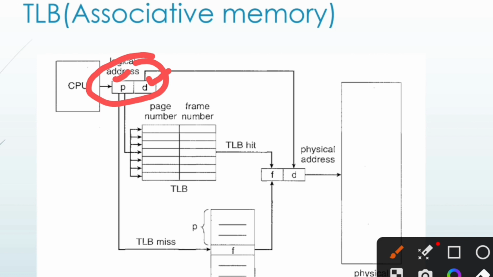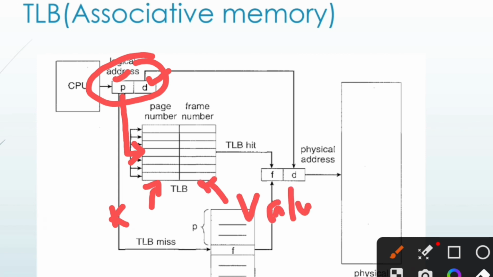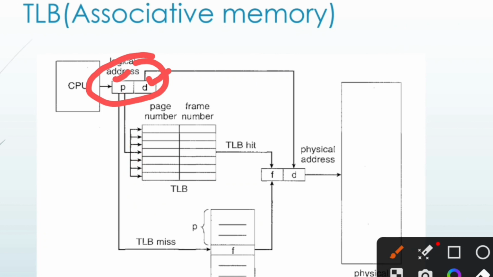First of all, we will check whether the page number is present in the TLB. The TLB consists of key, value pairs. The key is the page number and the value is the frame number. We are looking for the page number. If it is present in the TLB, then we directly get the frame number.